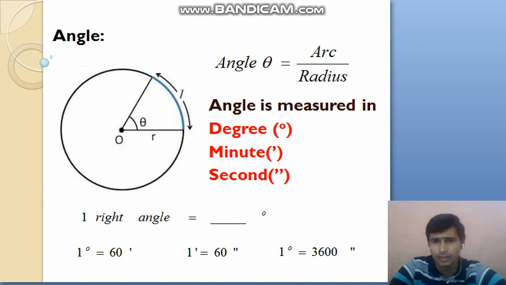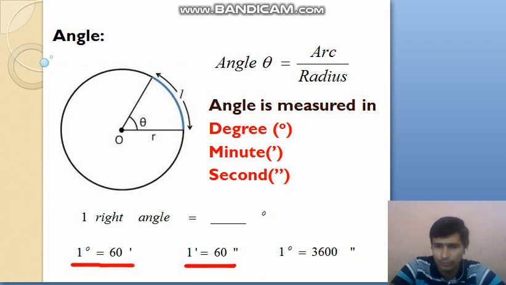Now how can we convert the angle from degree into minute, and minute into second? Here 1 degree is equal to 60 minutes, and 1 minute is equal to 60 seconds. So 1 degree is equal to 3600 seconds.